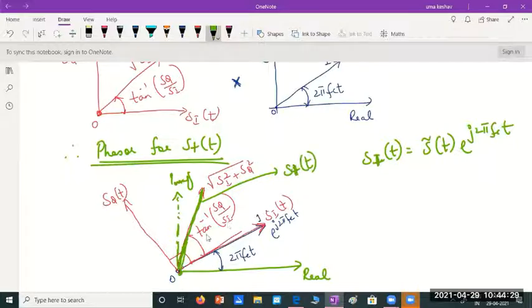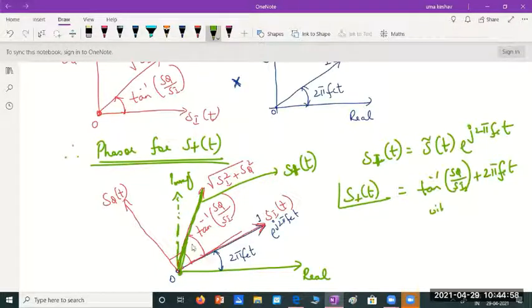This pre-envelope makes an angle 2 pi fct plus tan inverse SQ by SI with the real axis. Please see here the combined angle which this phasor makes. If I have to show what is the angle of S plus of t, it will be tan inverse SQ by SI plus 2 pi fct with real axis.